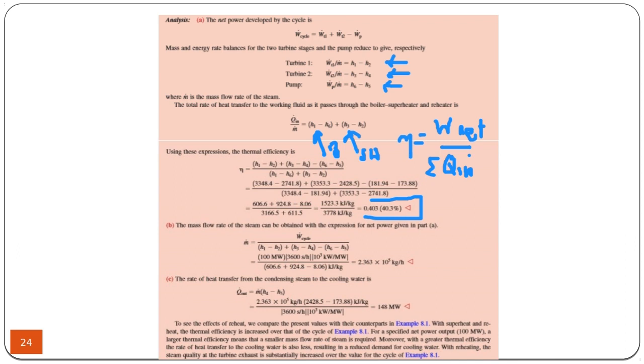Less fuel and less mass flow rate of the steam is required to obtain the same 100 megawatts, because we have a higher efficiency. Then the cooling water is also less than the saturated one, because we have a higher efficiency, meaning that the rejected heat can be less. Less rejected heat means that we need less cooling water.